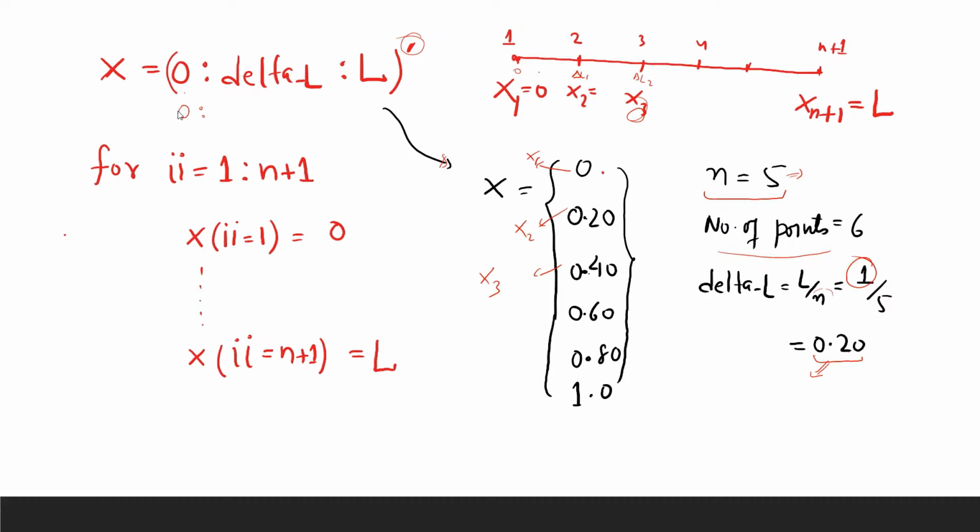So the sum of all, then it would be 0.40. Then x4 would be the sum of these, and x5 similarly we will get the sum, that would be equal to 0.80, and at last x6 would be the sum of all. So at last we will reach the total length that is given, L of the beam.